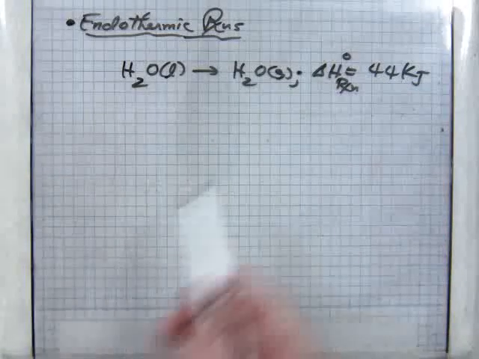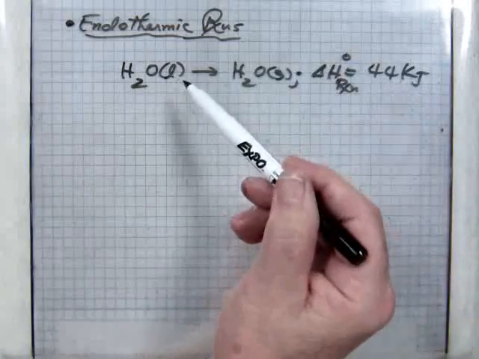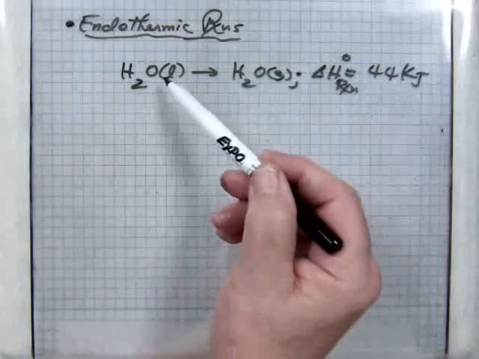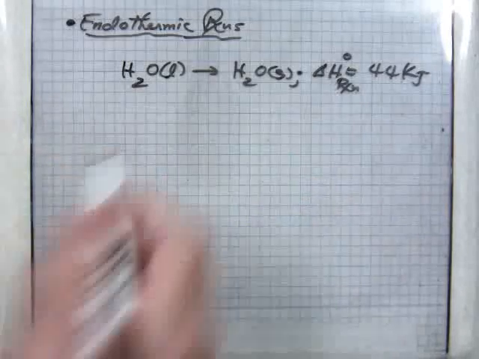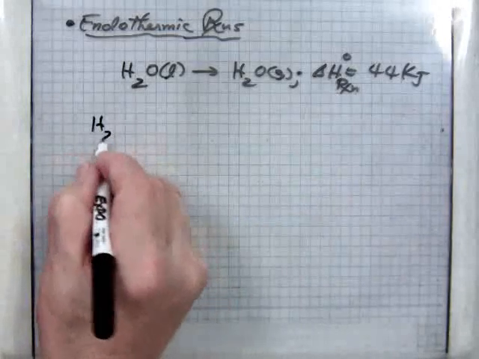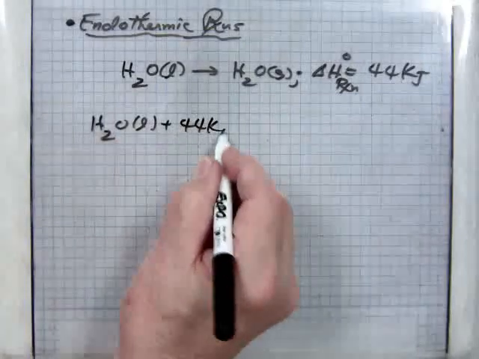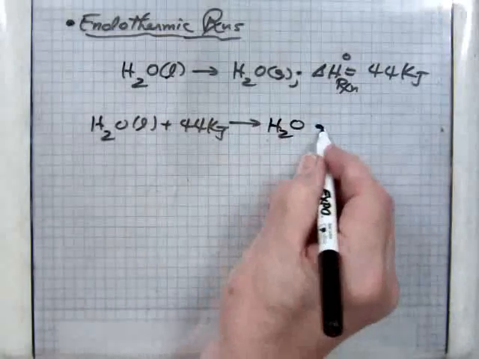endothermic reaction. Or if you incorporate it into the reaction, the 44 kilojoules goes on the reactant side, which is an indicator of endothermic reaction. You can write it like this: H2O liquid plus the 44 kilojoules goes to H2O as a gas.